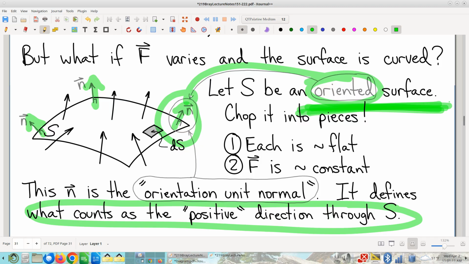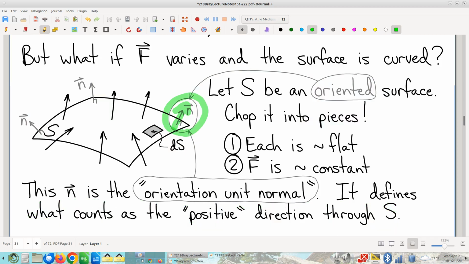An orientation is just a choice of which direction the unit normal vector points. Okay, just to be clear on the terminology, that normal vector is called the orientation unit normal. Normal because it's perpendicular, unit because it has magnitude 1, and orientation unit normal because this one specifically, not this one, whichever one I've chosen, is what tells me the orientation on the surface.